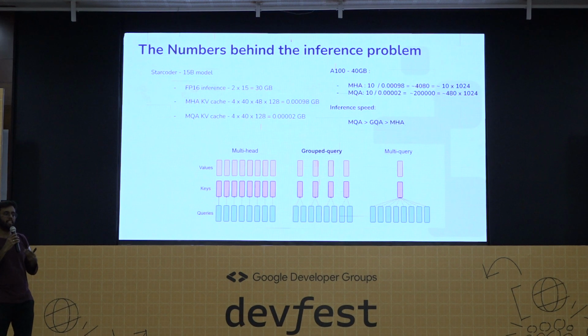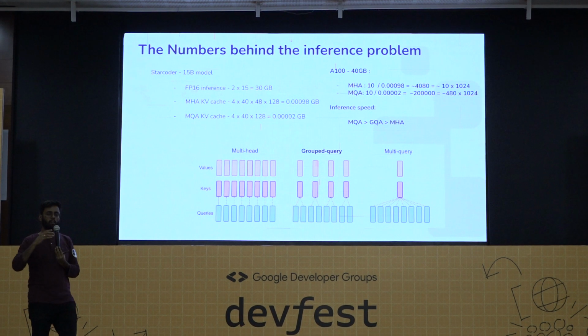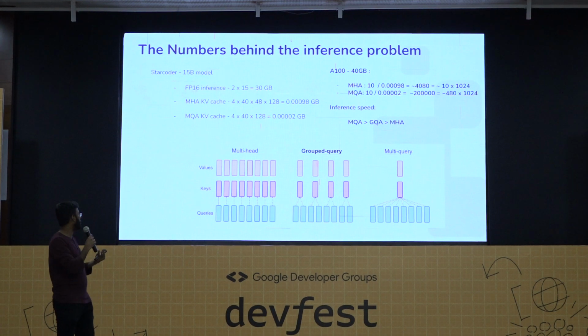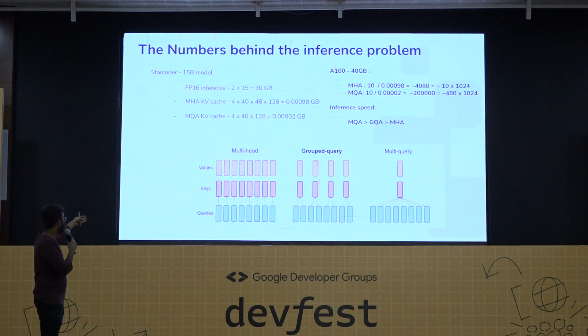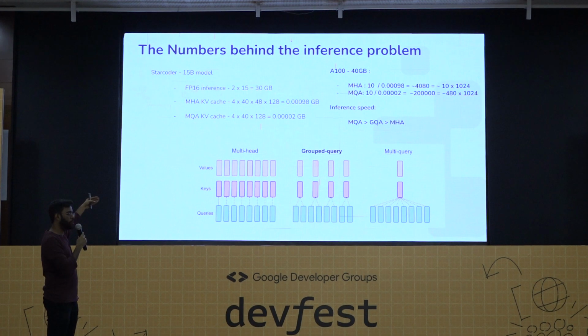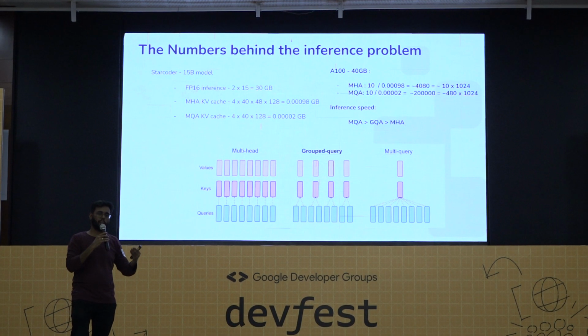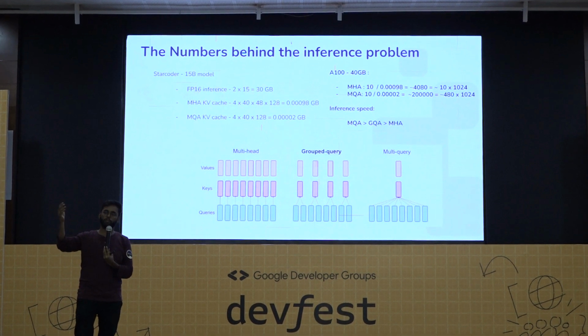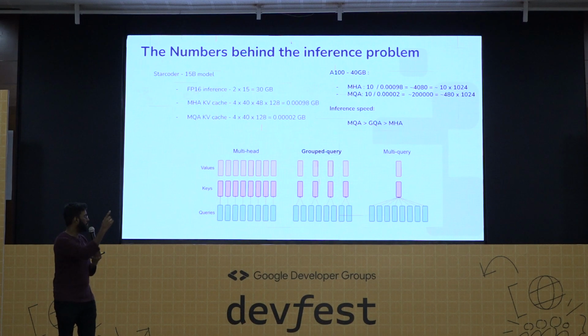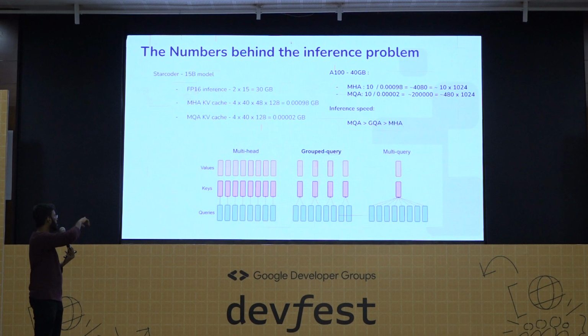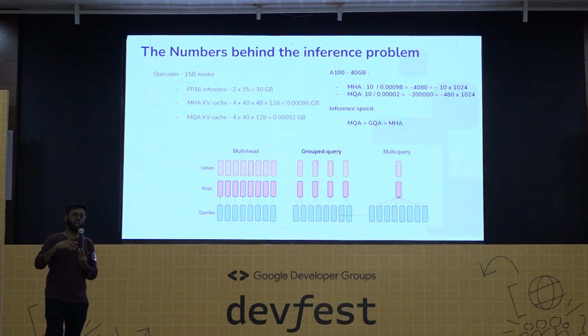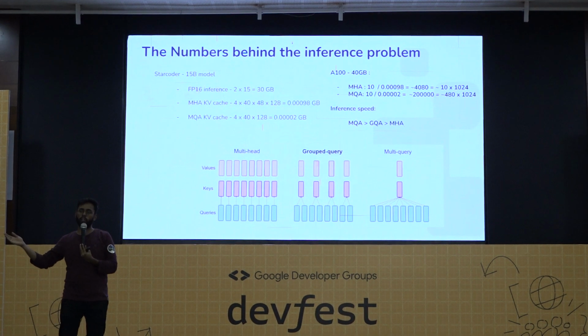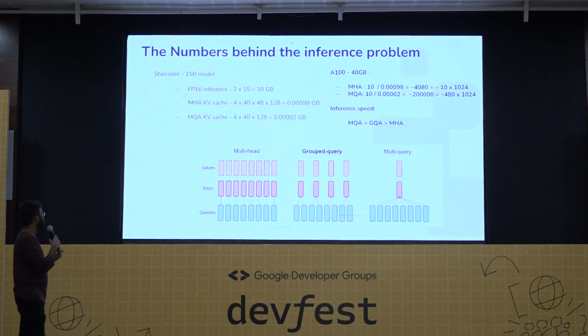There are different variations of attention, depending on how you share, as shown in the diagram below. If you have value and key vectors for every query, that is called multi-head. If you group, so that you have a minimal number of K and V vectors for every group of queries, that's called grouped-query. And if you are reusing your K and V across all your heads, it's called multi-query.